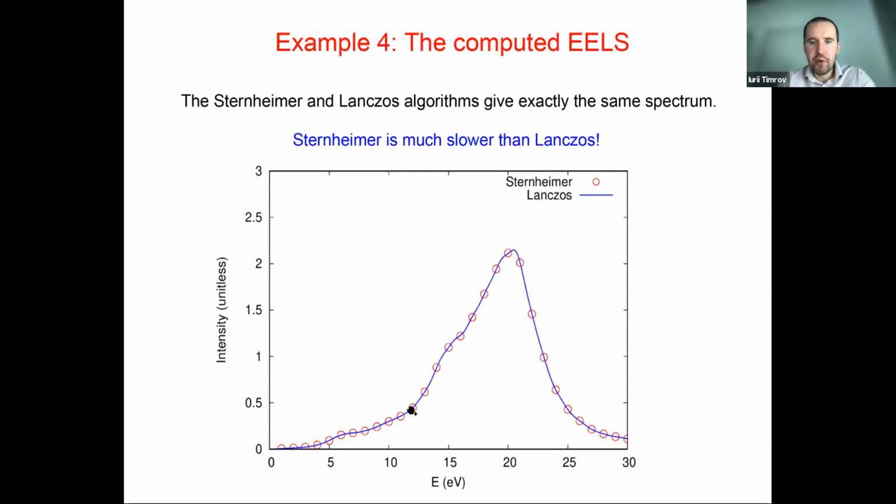That's why we have the discrete number of points. We computed just 31 points because each point is a separate calculation. It's a very expensive calculation. So if you want to have a denser spectrum, like smaller distance between points, you have more calculations to do, so more computational cost. While for Lanczos, it doesn't matter.